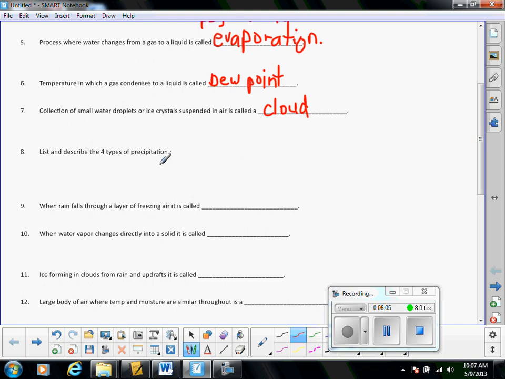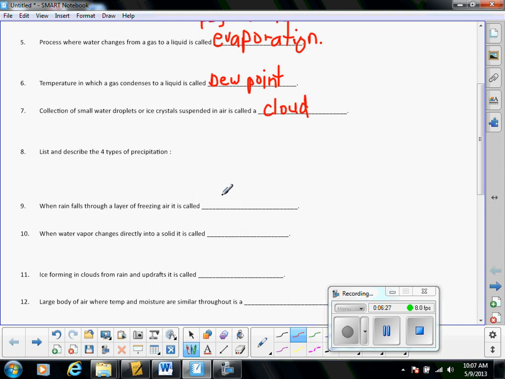Okay, precipitation. Precipitation is where the liquids in the cloud fall to the ground. And there's 4 types of precipitation. So we're going to kind of skip over here and write the definitions in these next questions.